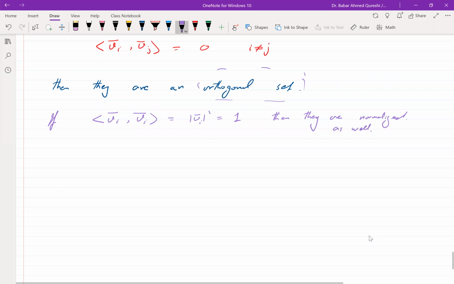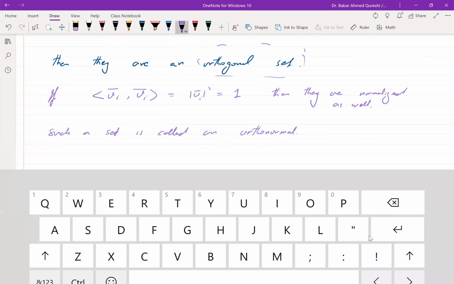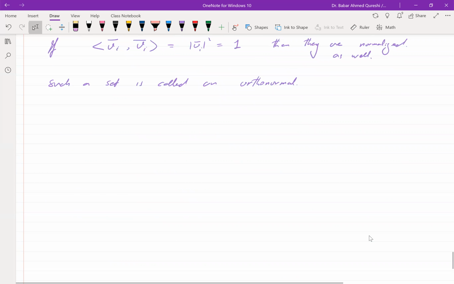Such a set would be called an orthonormal set, which is orthogonal as well as normalized.